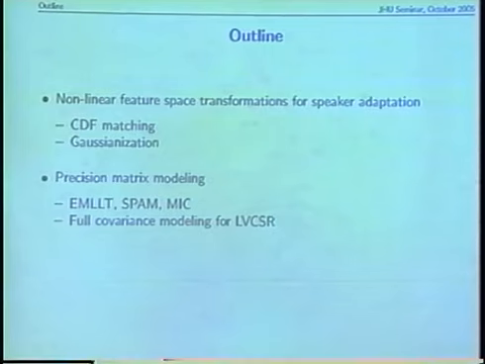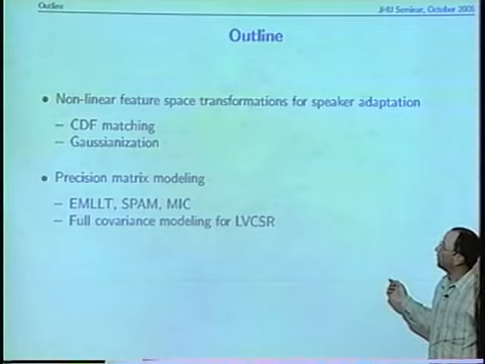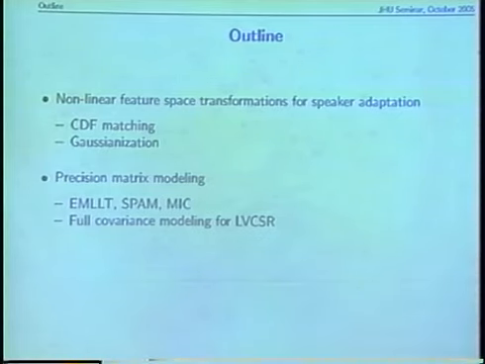And the second item on the outline is precision matrix modeling, and most particularly I'll talk about full covariance matrix modeling for LVCSR, and I'll put it in the context of various other covariance modeling techniques, such as extended maximum likelihood linear transforms, subspace precision and mean transforms, and mixtures of inverse covariances.